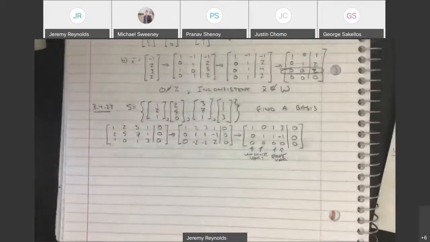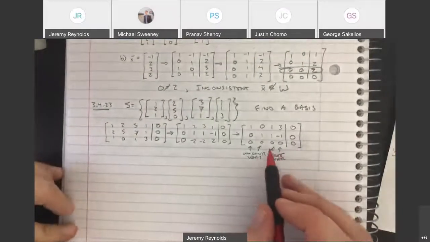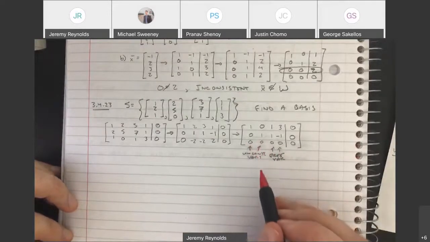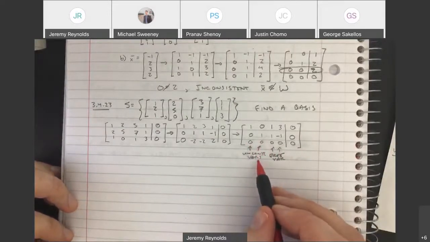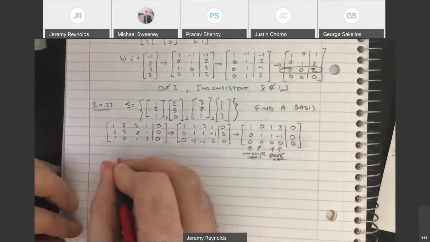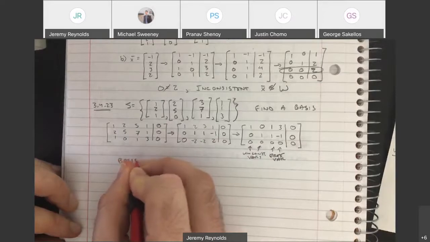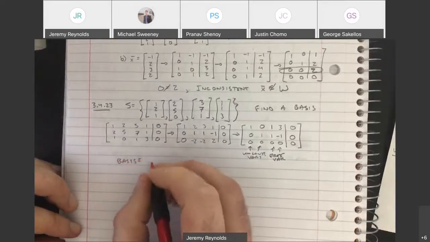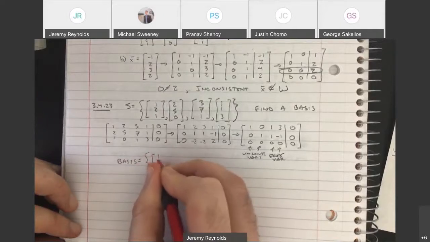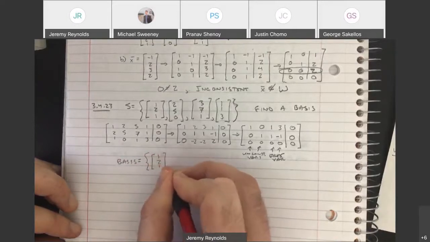So what we can do is, you notice that the first and second row, or first and second column, have unconstrained variables. That means that we can create a basis from the set of just those first two vectors that we started with.